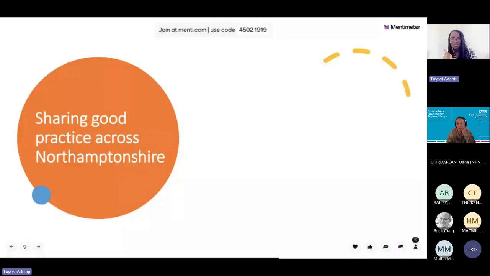I don't know if I'll get a volunteer. If not, I'll move on. Because it's interesting that we've heard a lot about things happening outside, trying to help us within the surgeries. But practically, what are we all doing within the surgeries to address some of this? I don't know if anyone is brave enough to share.